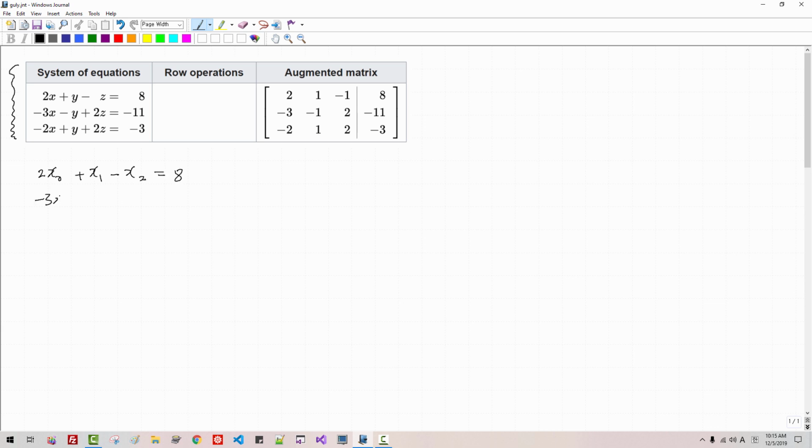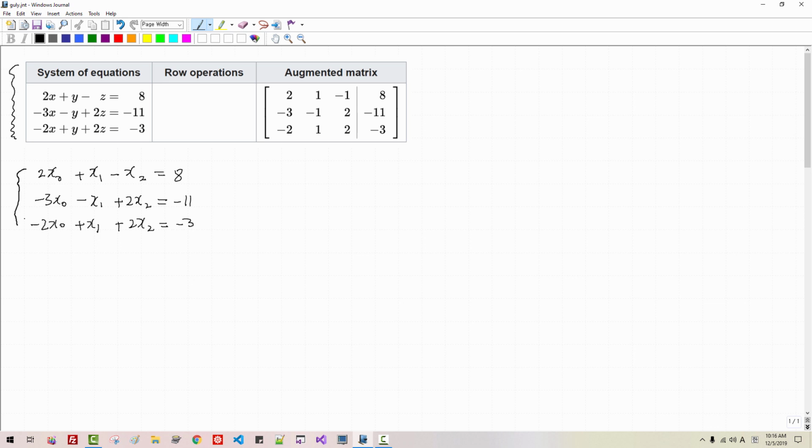Minus 3x0 minus x1 plus 2x2 equals minus 11. Minus 2x0 plus x1 plus 2x2 equals minus 3.